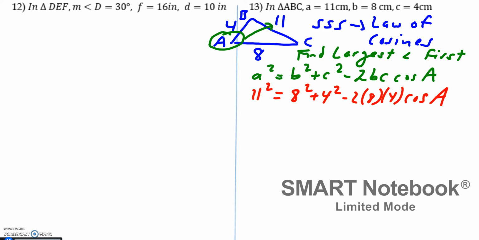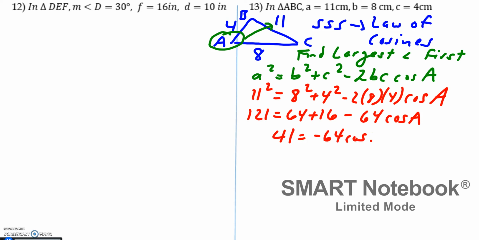And so if my goal is to solve for A, let's first simplify this a bit. 121 equals 64 plus 16 minus 2 times 8 times 4, or 16 times 4 is minus 64 cosine of A. And if my goal is to get cosine alone, let's move the non-attached things first. So let's subtract 64 and 16 over here. If I do that, it would become 41 equals negative 64 cosine of A.